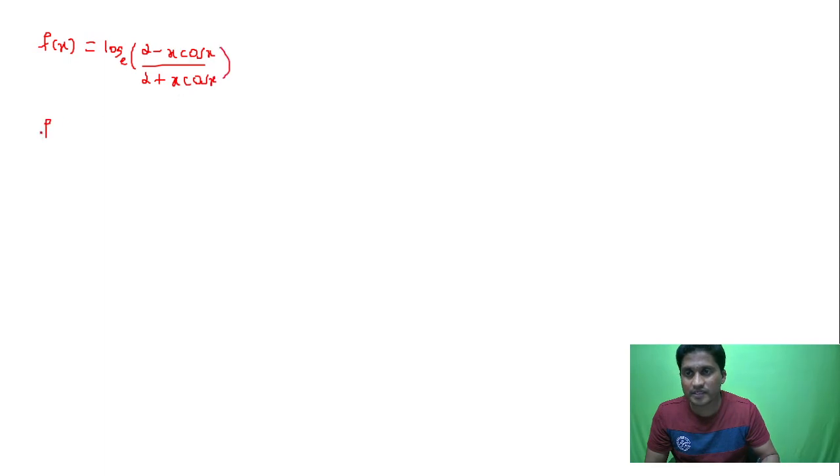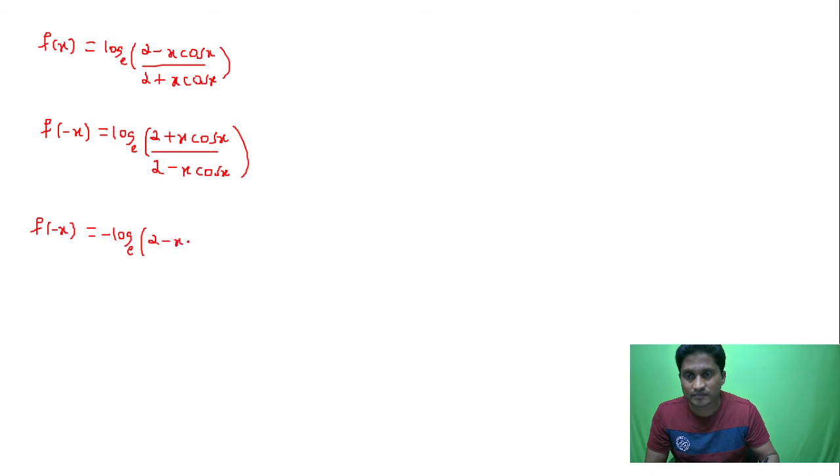Okay, f of minus x will be equal to log to the base e of, this minus x will become plus x, and cos of minus theta is cos theta only. Again, 2 minus plus x will become minus x, and cos of minus theta is cos theta only. So f of minus x, you get a minus sign, if I write this as (2 minus x cos x) upon (2 plus x cos x).